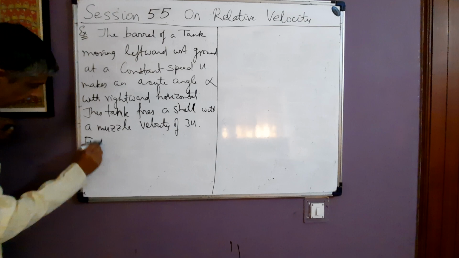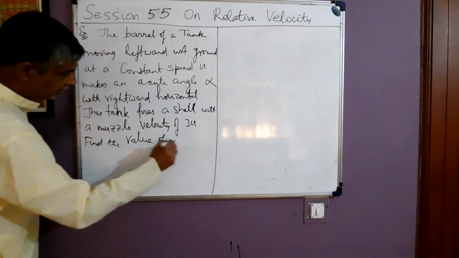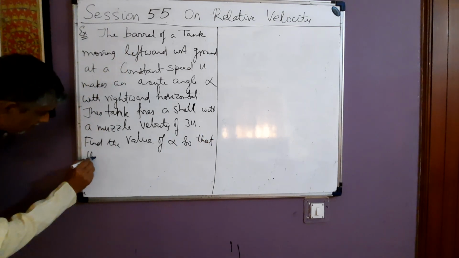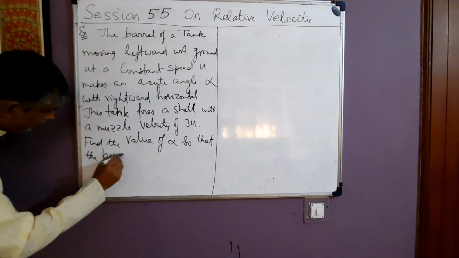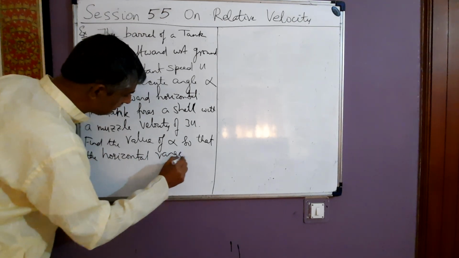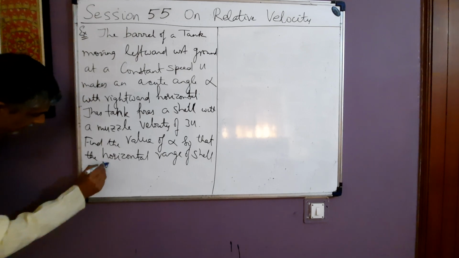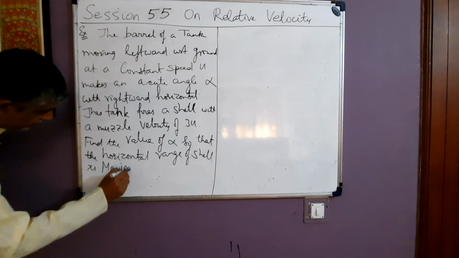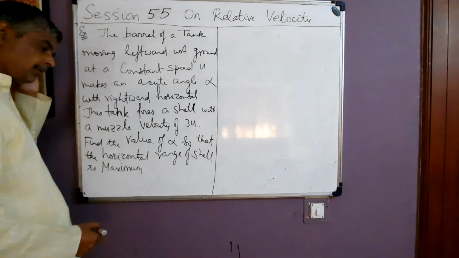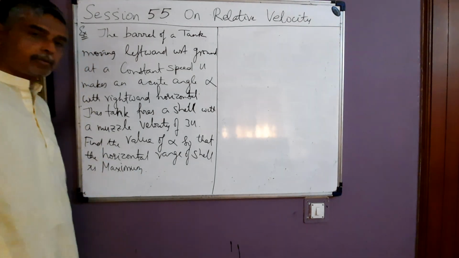Find the value of alpha so that the horizontal range of the shell is maximum. Okay, fine, so this is the question.